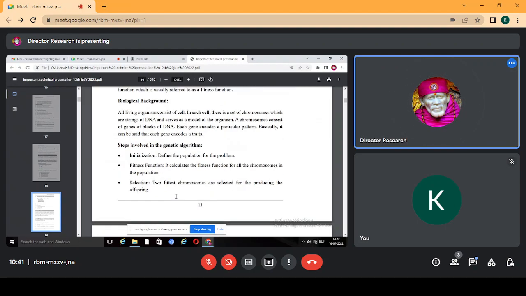Biological background. All living organisms consist of cells. This is very important.